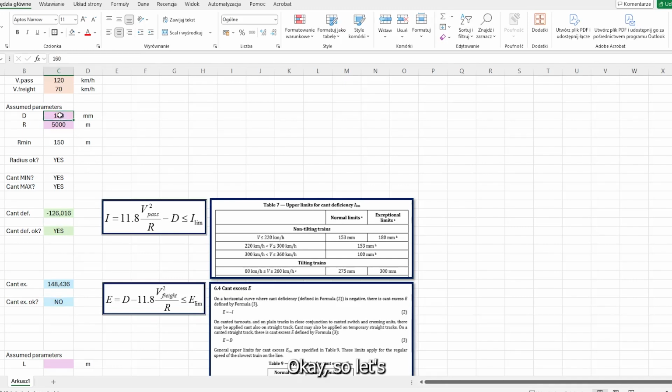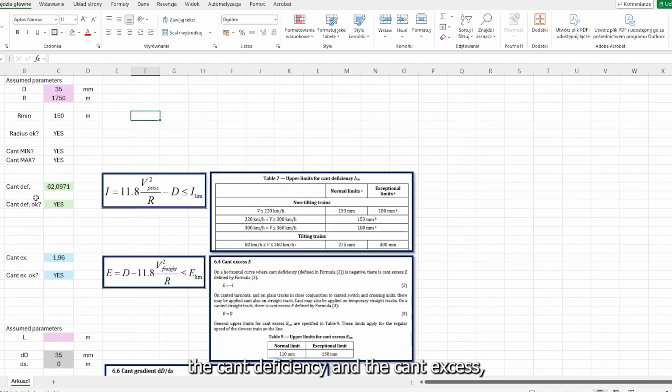Okay, so let's go back to our initial values, our pair. So by the cant of 35 millimeters and radius of 1,750 meters, the cant deficiency and cant excess are good, are proper.